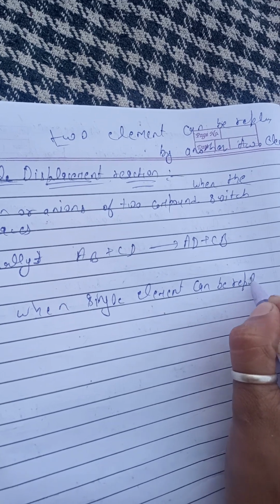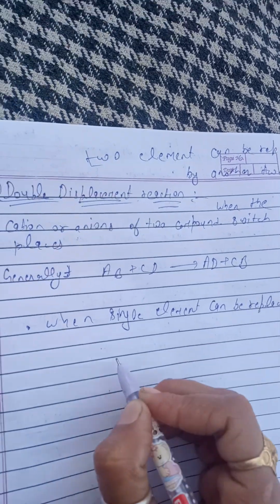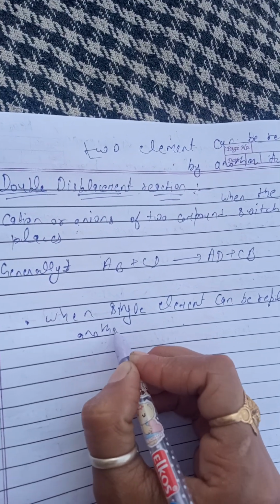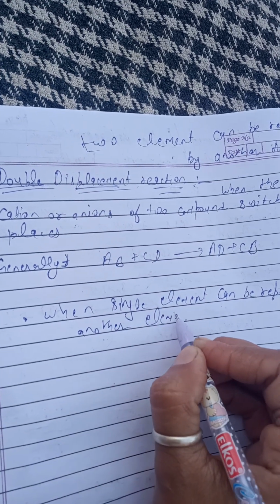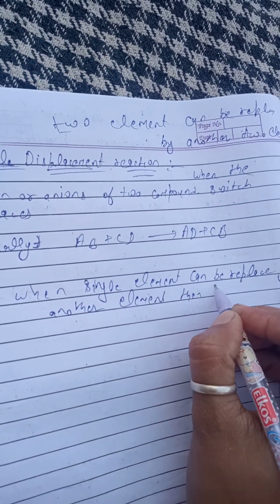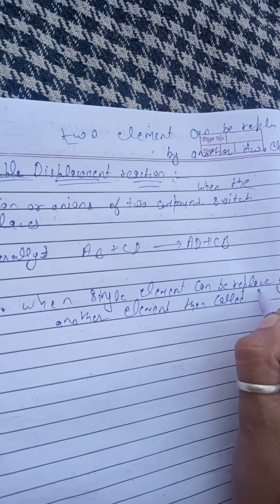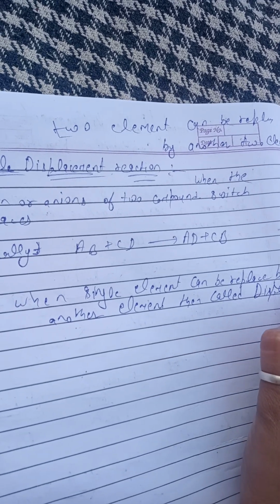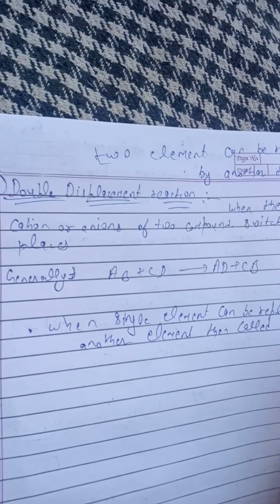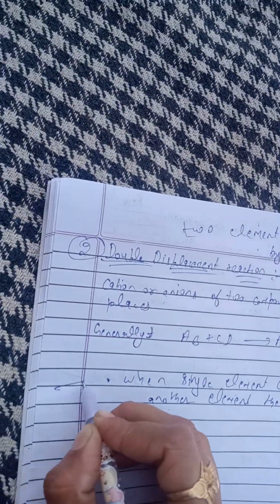So we can say that when a single element is replaced by another element, it is called displacement.